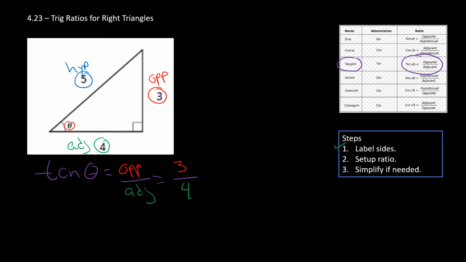We've labeled, we set up our ratio. To simplify, well, 3 over 4 does not simplify any further, so we're good there. So our trig ratio for tangent theta will be 3 over 4. And we're done.